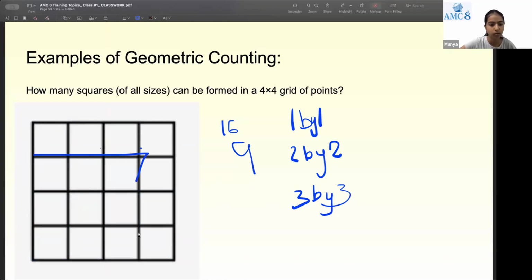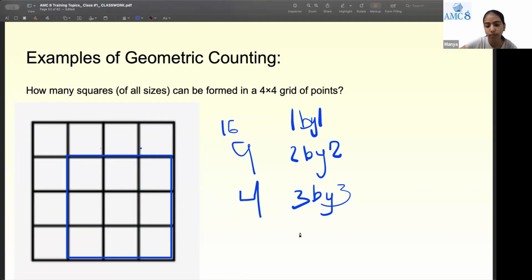So this can be a 3 by 3 here. So there's 1 3 by 3, 2, 3, and 4. Let me do it again. Look at the positions. 1, 2, 3, and 4. So there's 4 different positions. Therefore, there's 4 3 by 3s.